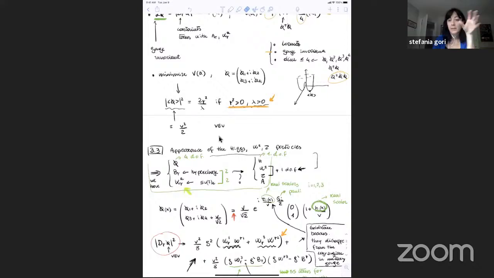For laboratory tests, you always have massive W and Z bosons. Sometimes, as John was mentioning, for a matter of calculation, it's useful to neglect the masses because they are a little bit smaller than the energies that you are testing. But electroweak symmetry is still broken.